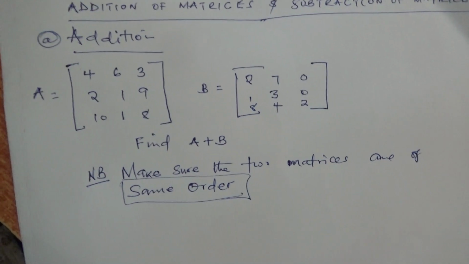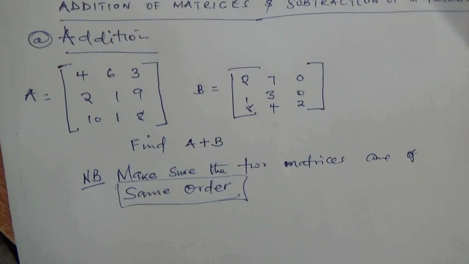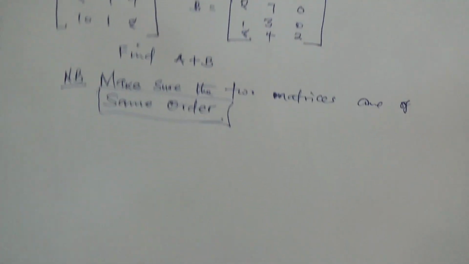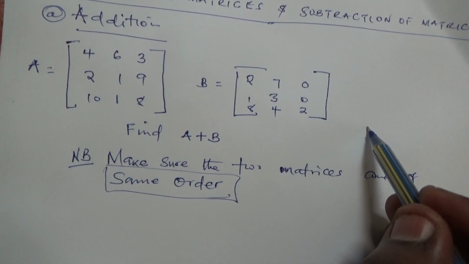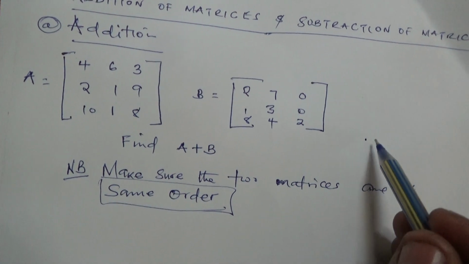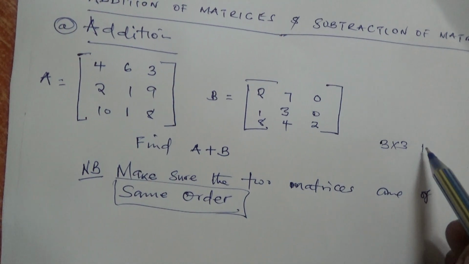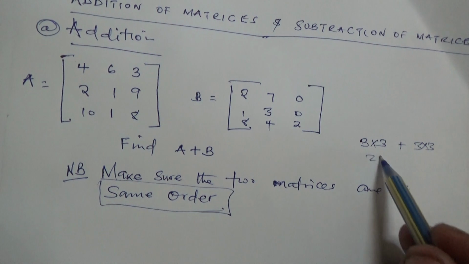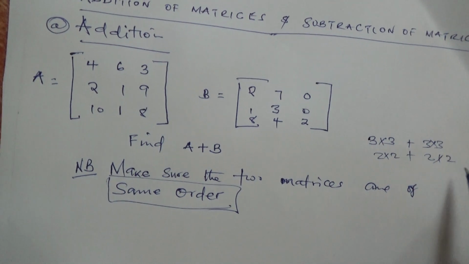This is very important when you're dealing with addition and subtraction of matrices, that these matrices must be of the same order. For example, you can only add a 3 by 3 plus a 3 by 3 matrix, or a 2 by 2 plus a 2 by 2 matrix.